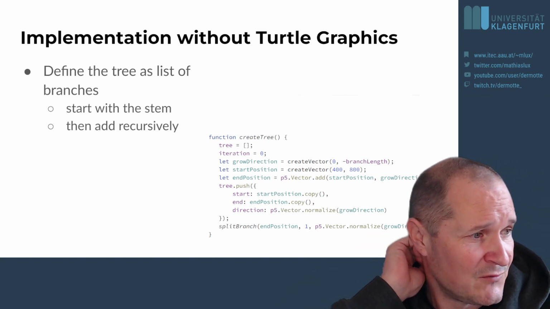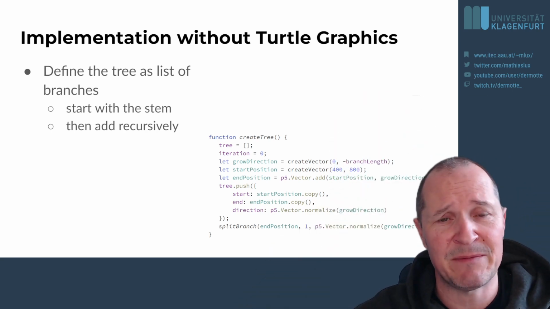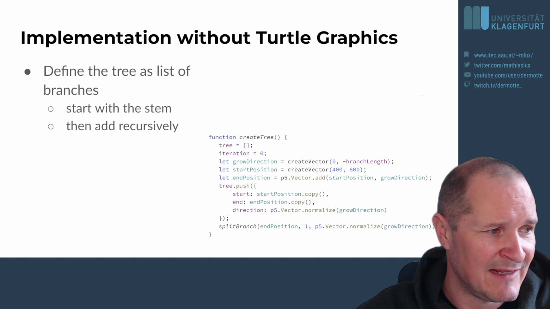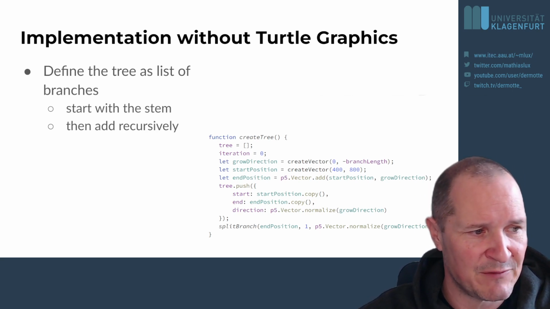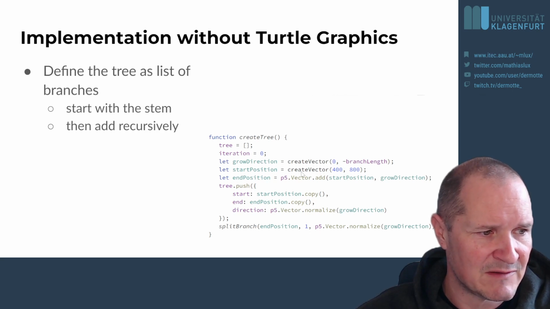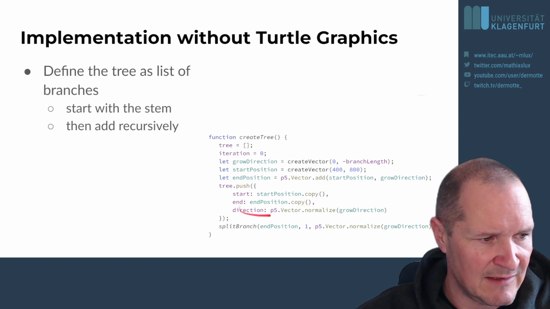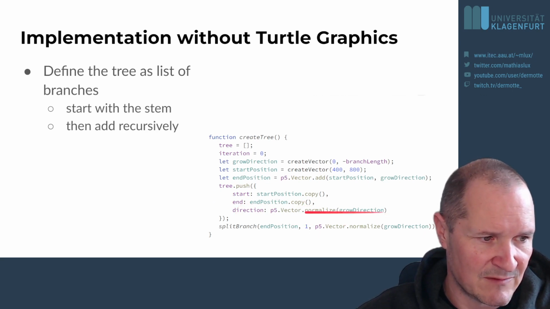So we define a tree as a list of branches. At some point you have to be abstract: a list of branches. We start with the stem and then add recursively. So we have a tree, iteration 0, and we want to grow it in some direction. We have a start position and an end position for each branch, and the grow direction.